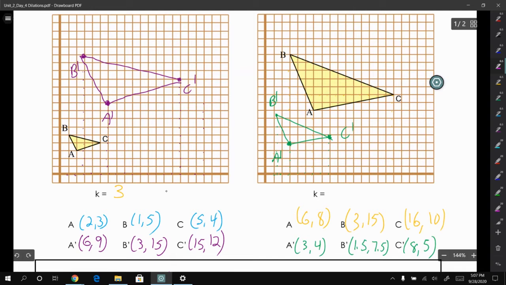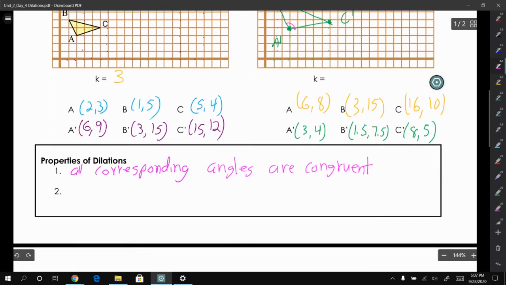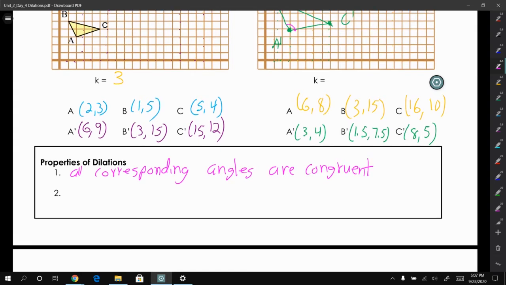Like angle A and angle A prime here are the same measurement. And then the corresponding sides are parallel.